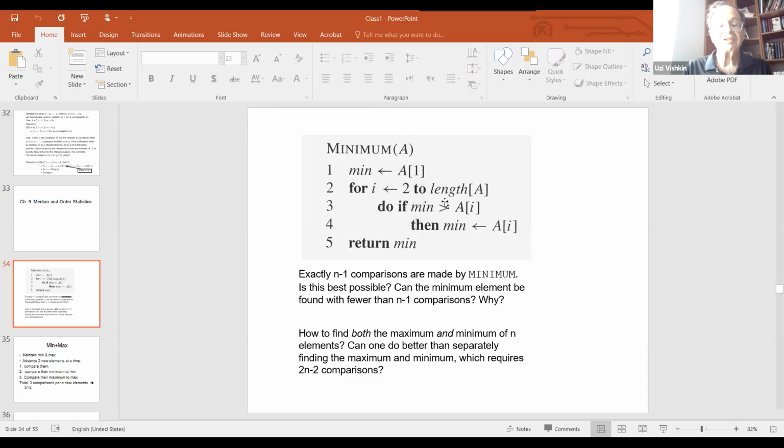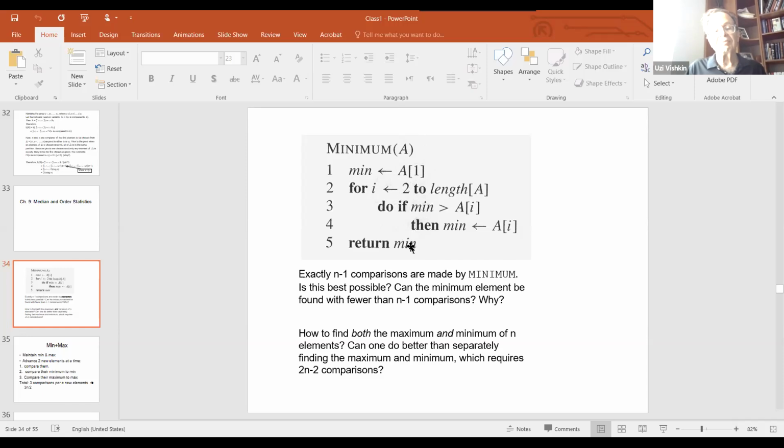If the second element is larger, you don't change your tentative minimum, you go compare to the third and so on. Each time you find an element which is smaller, you declare it the tentative minimum. And when you go through all the elements, your tentative minimum becomes your minimum. As trivial as it can get.